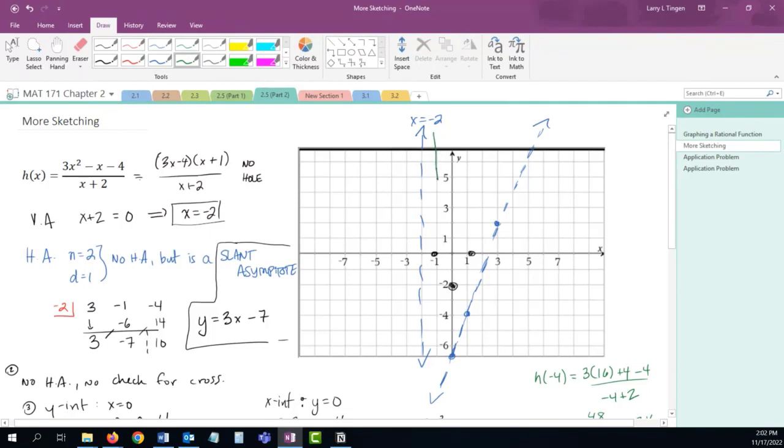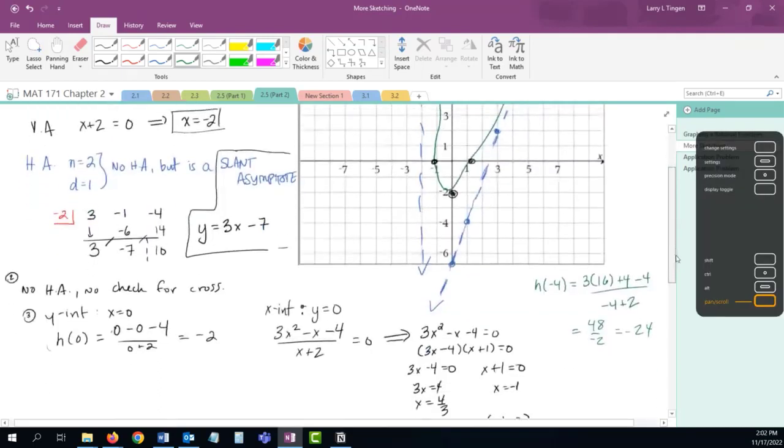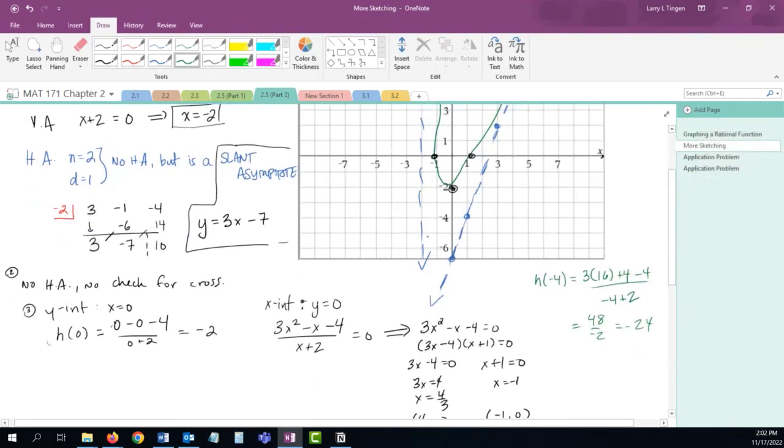It's going to hug this asymptote, it's going to come down and run off to that slant. And then when I get down below, my vertical asymptote and my slant asymptote are going to cross. And then when they do that, I'm going to see this same kind of behavior going up and down from here.